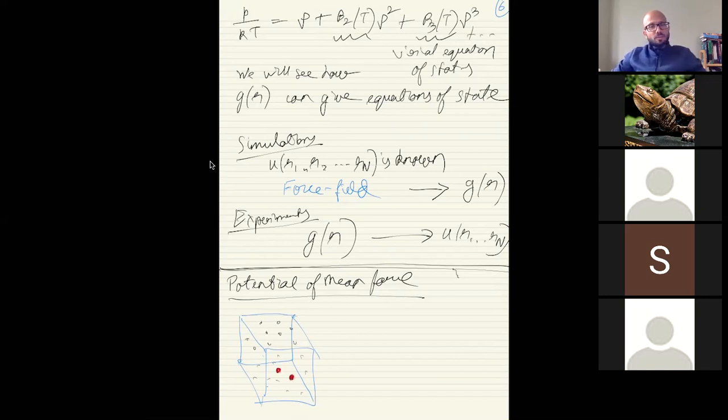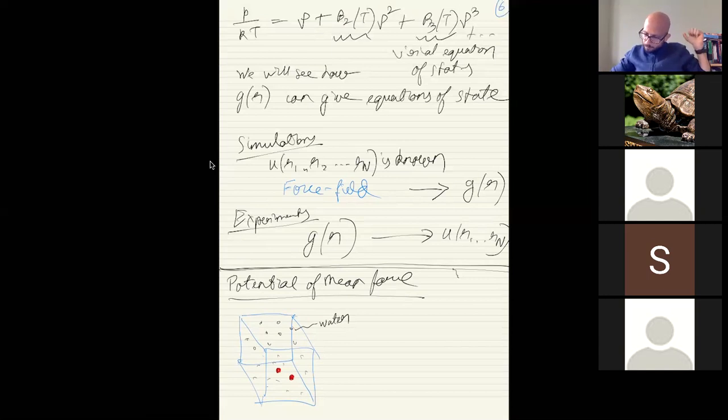So you could imagine, for example, that the black particles that I drew over here are water molecules. There are lots of waters, and these are two specific water molecules that I'm going to focus my attention on, okay?